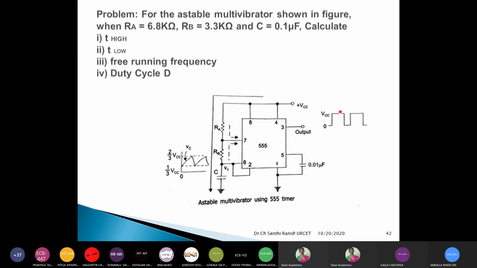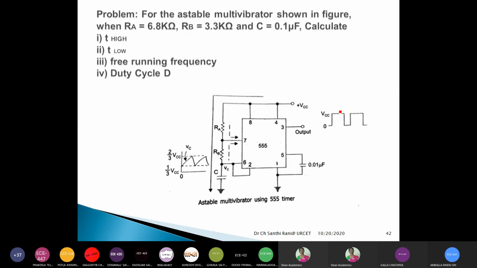So let me not be over ambitious. Let all of you please note down this problem and let us try to calculate these values. In the next class, we shall discuss the Schmitt trigger and the questions that we got from the 555 timer only, right? This is one part of our fourth unit, the upper part of our fourth unit. With the Schmitt trigger, we'll complete this, and later we will study PLL.